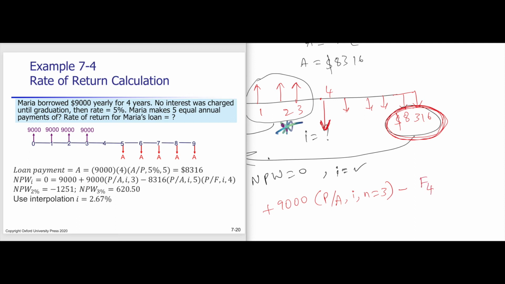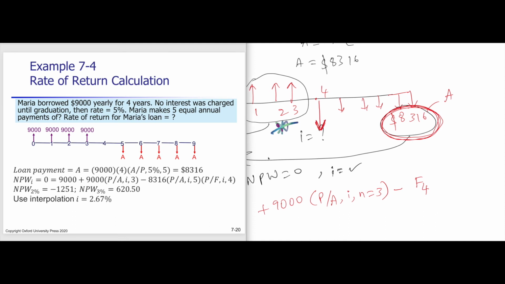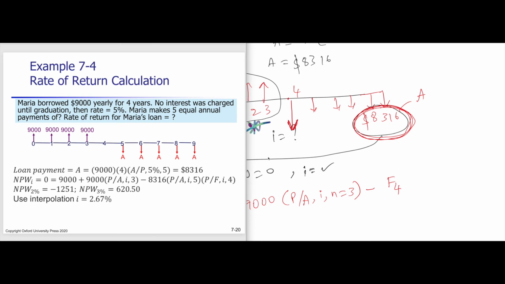That means we're using this to be A. We use the formula P is equal to A times, using the formula how to calculate present when given A. When you keep I as I, N is equal to, how many are there? 1, 2, 3, 4, 5, N is equal to 5.